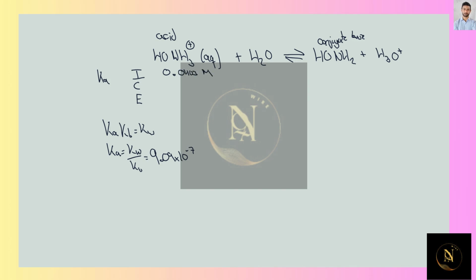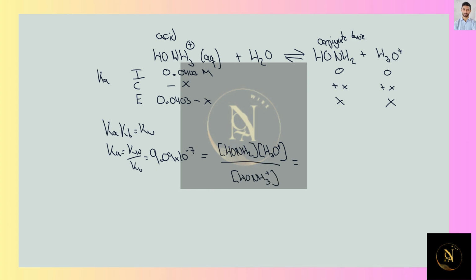The amount of change that I'm going to get, let's call it minus x. So at equilibrium, I'm going to get 0.0403 minus x. I'm going to produce plus x of both of these compounds. So x and x. And recall that Ka is equal to the concentration of HONH2, that is the conjugate base, times the concentration of H3O plus divided by the concentration of my original weak acid.